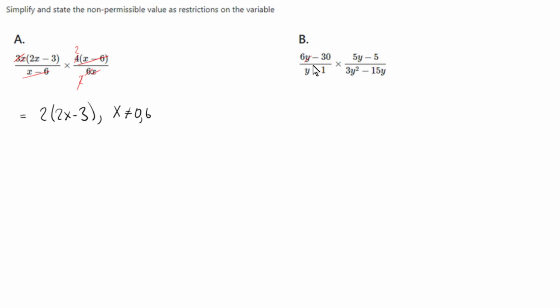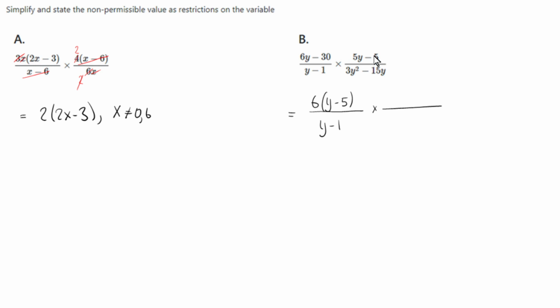So what we're going to do here is we're actually going to factor this. Over here in this numerator, there's a greatest common factor of 6. We can factor out a 6, which means we're left with y minus 5. The denominator stays the same, times.